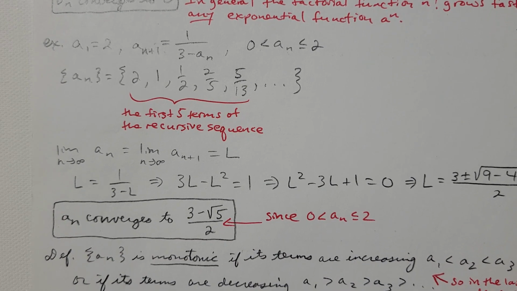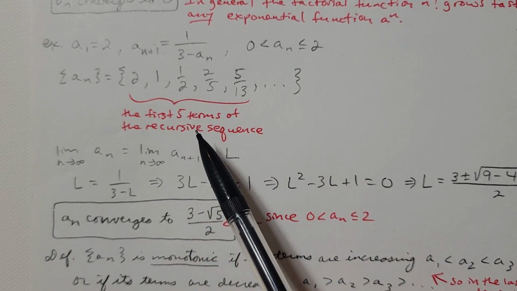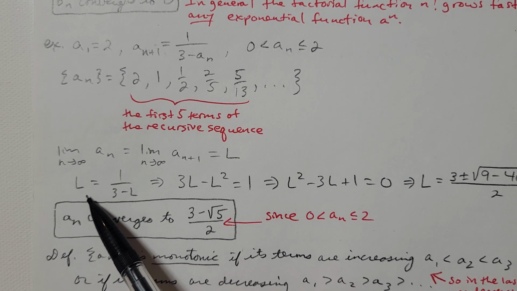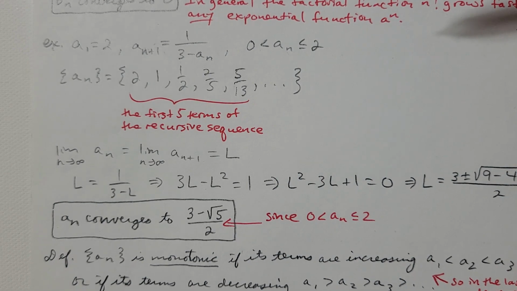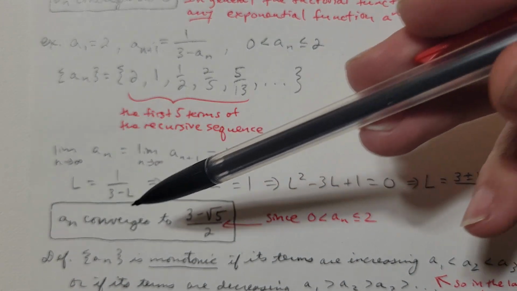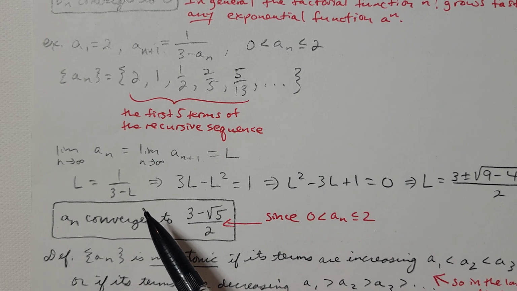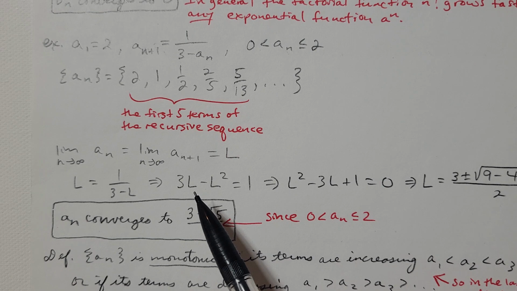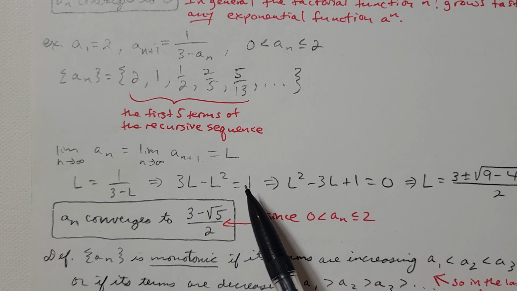Okay? And so if I take the limit of each side of this equation here, the limit as n approaches infinity of a sub n plus 1, that's L, equals 1 divided by 3 minus the limit as n approaches infinity of a sub n, that's L. Okay, so I have the equation L equals 1 divided by 3 minus L. Okay, and if I solve this for L, multiply both sides by 3 minus L, and then distribute in the L. Okay, so I got 3L minus L squared equals 1.